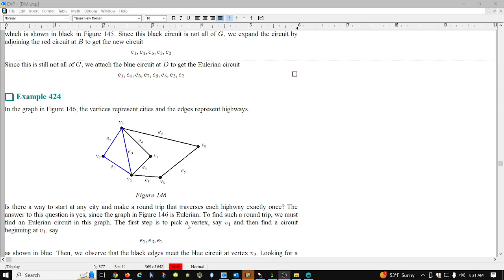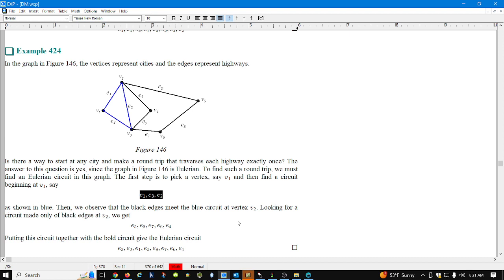So to do so, we can pick any vertex, say V1, and find a circuit. So we can go along E1, E3, and E2, and that is a blue circuit. And then we observe that the black edges do meet the blue edges at, for example, V2. So we can find a circuit of black edges, E5, E8, E7, E6, E4, and we can attach that at V2.